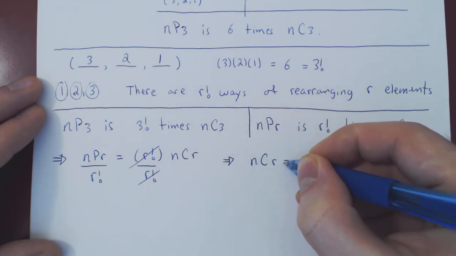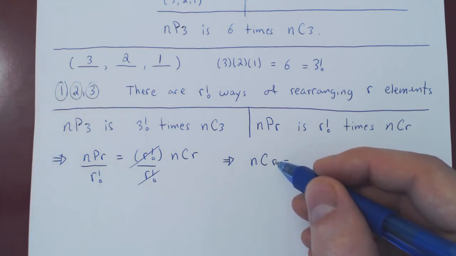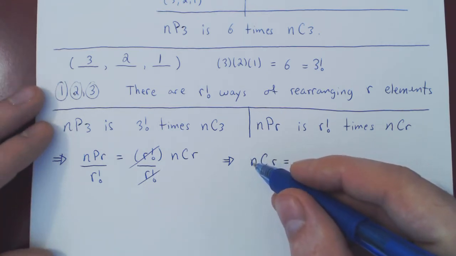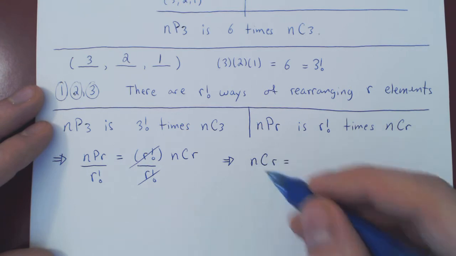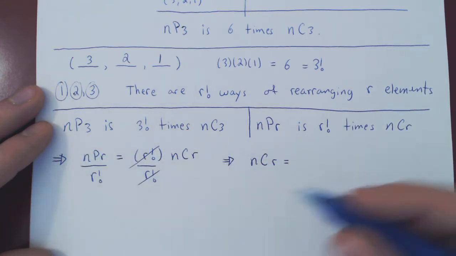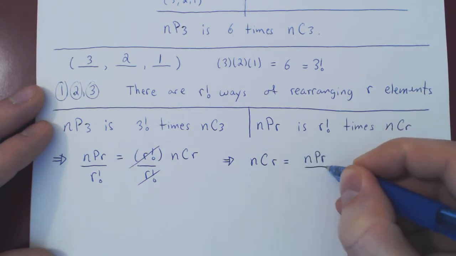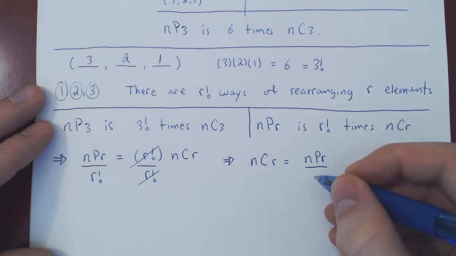NCR, the total number of ways of selecting R elements from a set of n elements when the selection is unordered and without replacement, is simply NPR over R factorial.